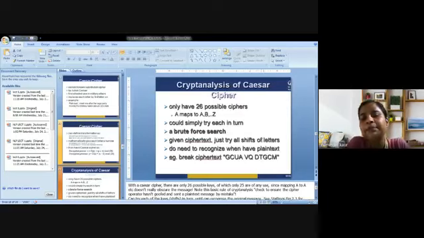This is given: GCUA VQ DT GCM. So we are supposed to break the same. We are supposed to convert it into meaningful plain text by trying all the possible shifts that could be there, trying until we get the meaningful plain text that could be deduced.